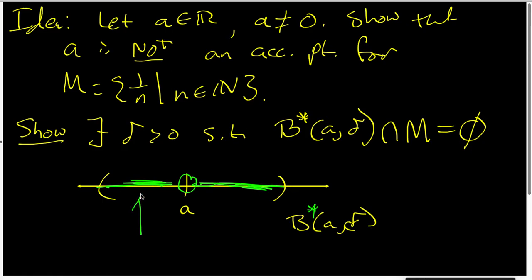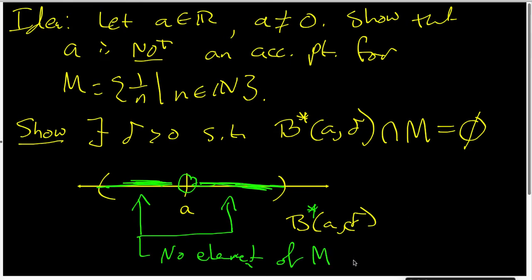And the point is I want no element of M to lie in that punctured delta ball. So no element of M lies in the green stuff. A might be an element of M, A might not be an element of M, but that's irrelevant.